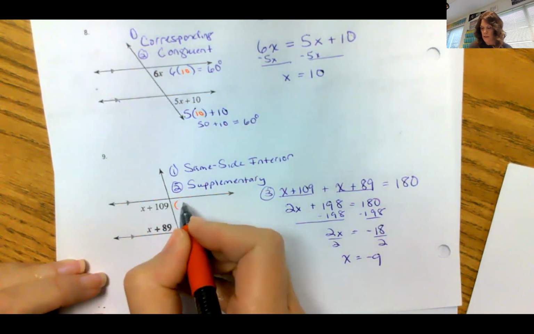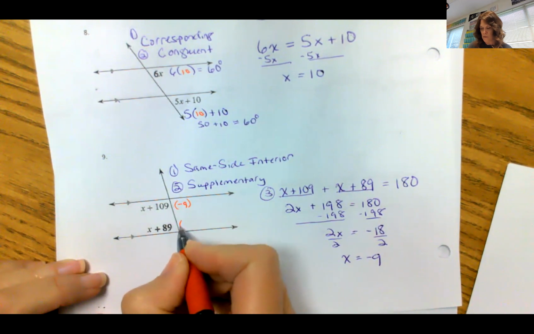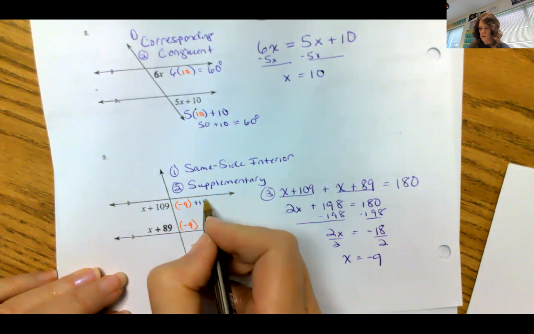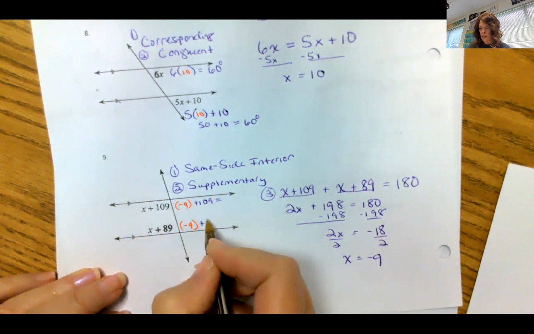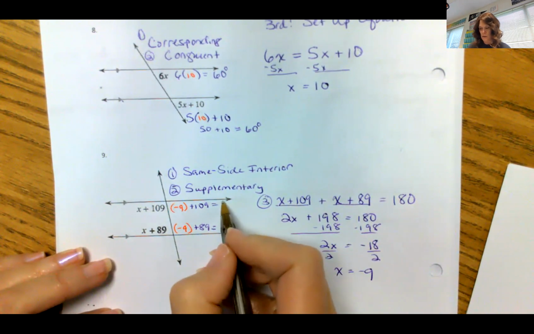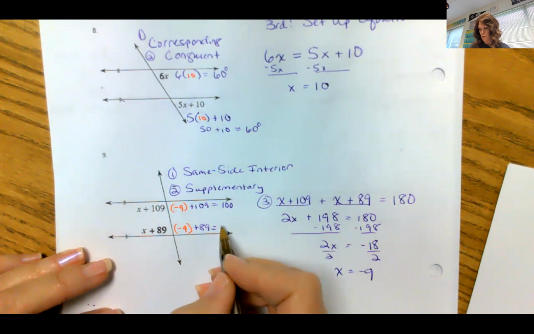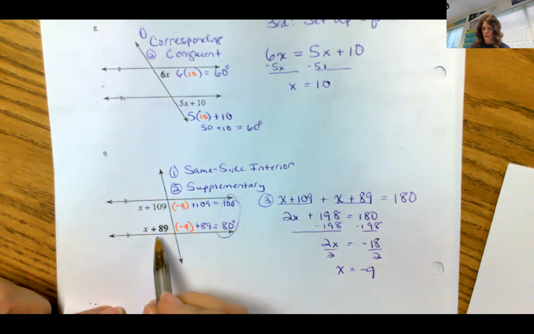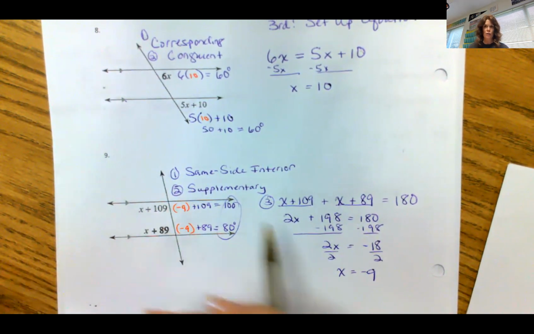So in this case, -9 here, -9 there, plus 109 and plus 89. We don't want these to be the same, right? We want them to, however, add up to 180, and they do. So this angle is 80, this angle is 100, and together they're supplementary, adding up to 180 degrees.